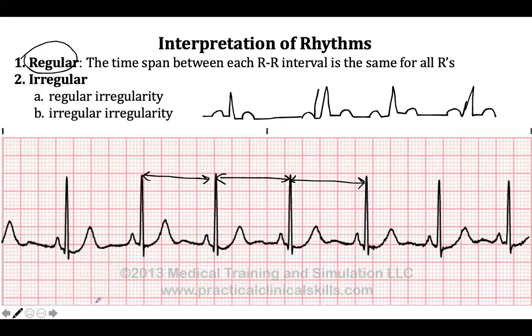The answer is yes. If I was comparing the difference between these 2 peaks, this would be the time versus this versus this. Notice these distances are not the same compared to what I showed you before. So this would be identified as irregular. I don't have enough data to say if these are regularly irregular or irregularly irregular, and I don't expect you to do that anyway. As far as you can tell me, the rhythm is regular or the rhythm is irregular. We're happy with that.